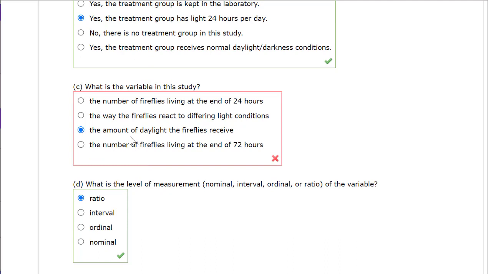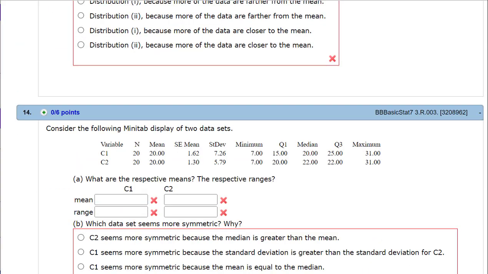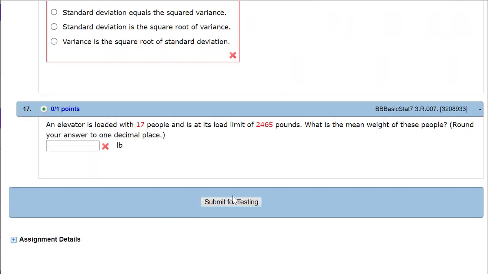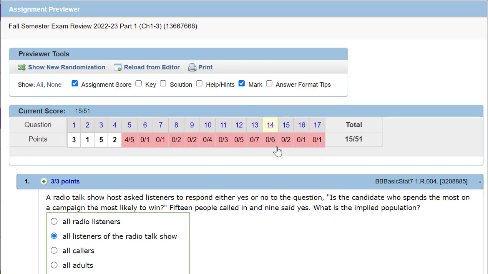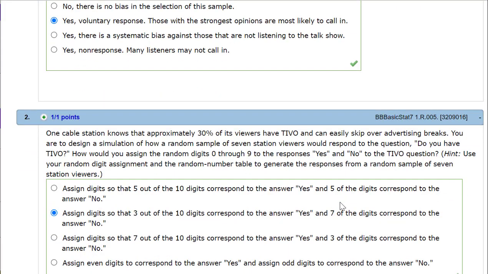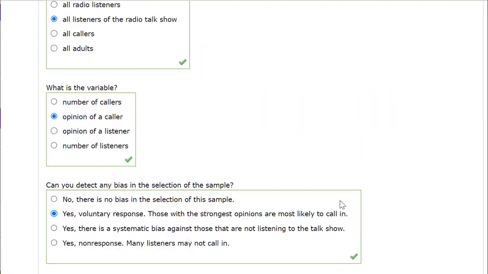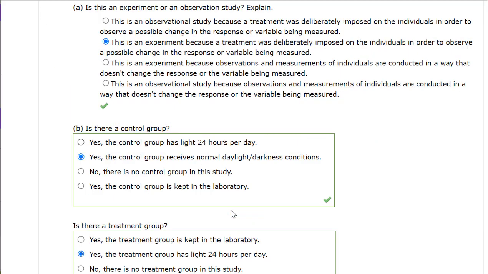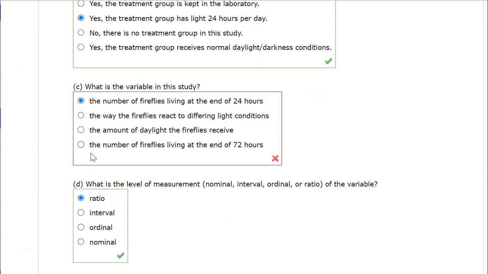So I think that's a badly worded question. The variable of the number of fireflies, did I click 72 hours instead of 24? Maybe that was it. Let's try that. It was 24 hours, right? No, it was 72 hours. Is that what I'm doing wrong? Let's go see. Yeah, I think that's 72 hours. I think I just clicked the wrong number.